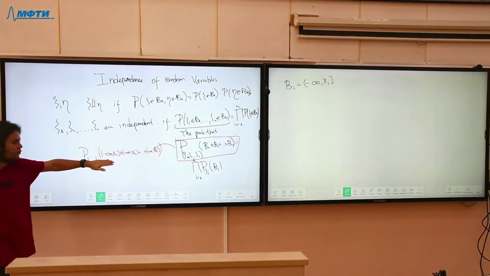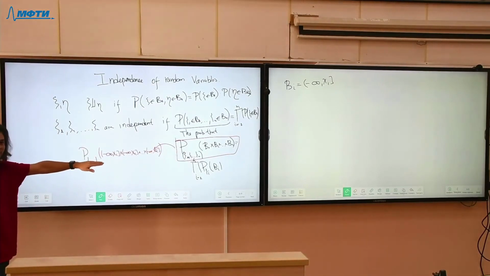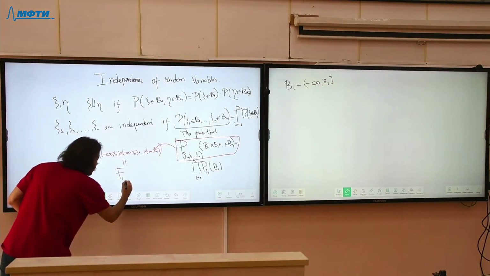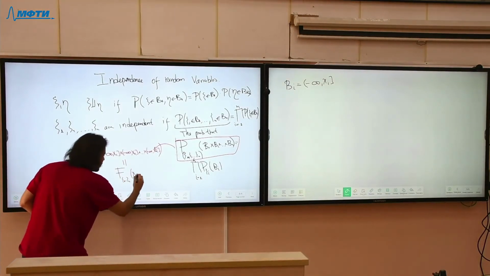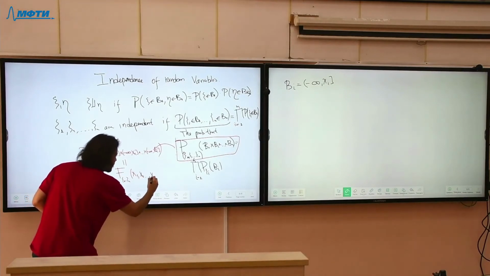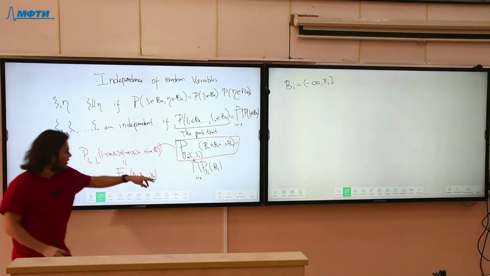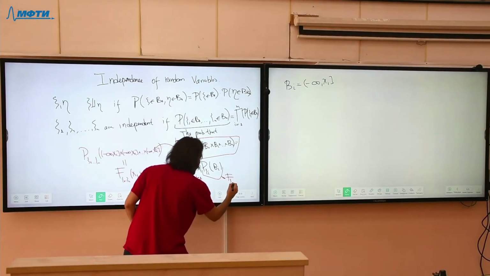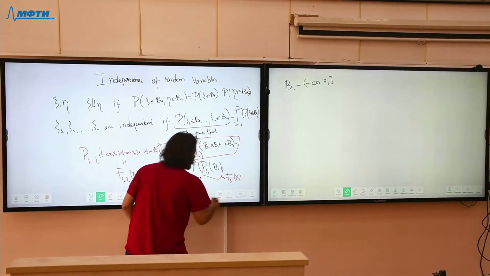But this, you know, this is the CDF. This is F of x1 and x2. Right? And in the same way, this is going to be the product of the CDFs of psi i at xi.